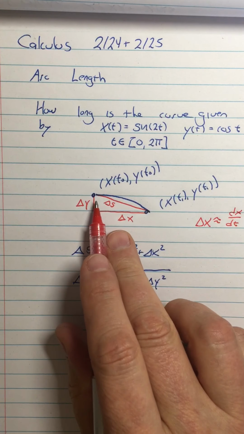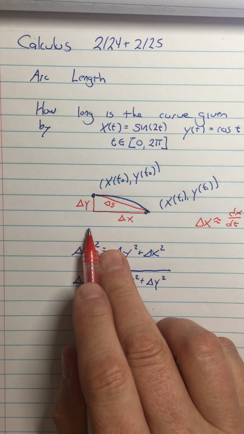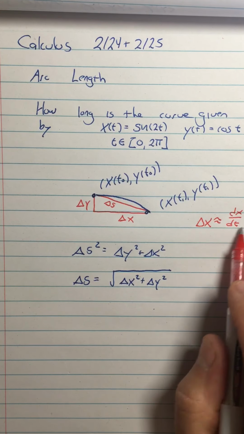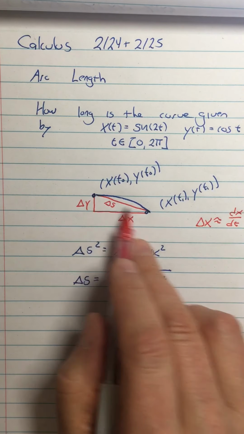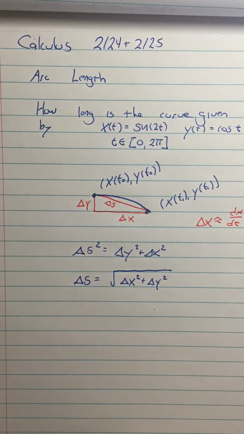So dx dt is essentially the velocity in the x direction, dy dt is the velocity in the y direction. If I want to know the change in distance, I just multiply the rate at this time times the amount of time that elapsed. And of course, we know from Euler's method that it can get pretty far off, but we're going to use a limit to make sure that it doesn't get off at all.